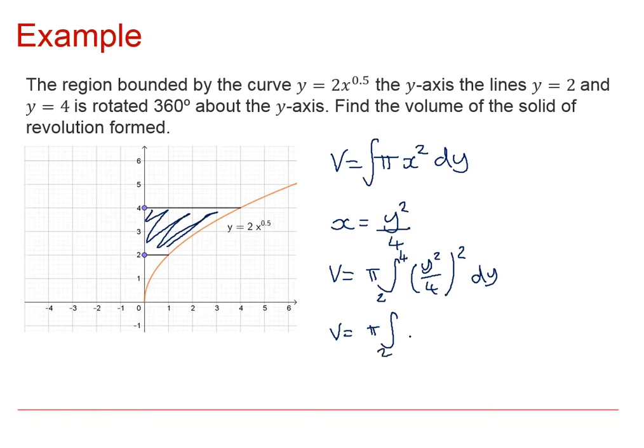So that's pi times the integral between 2 and 4 of y to the 4 over 16. And so when we do that integration, we get y to the 5 over 80 between 2 and 4. And when we work that out, we get that it's 64 over 2 pi.